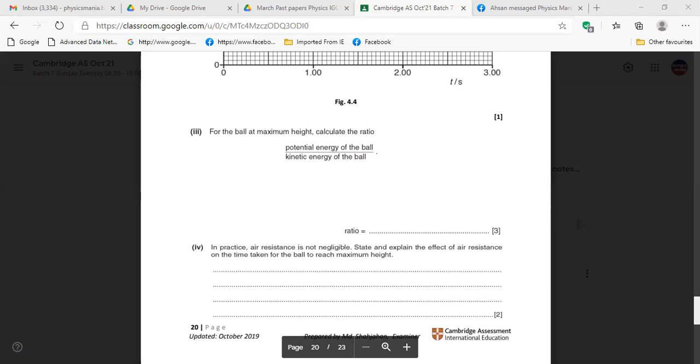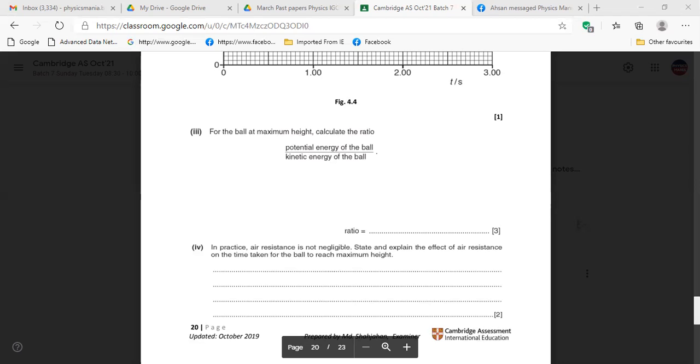So you look here, mgh by half mv square. We can divide, right? We can cancel them. So we have left gh by half v square, isn't it? We have to find from the information given the horizontal component of velocity. At maximum height the vertical component is 0, right?